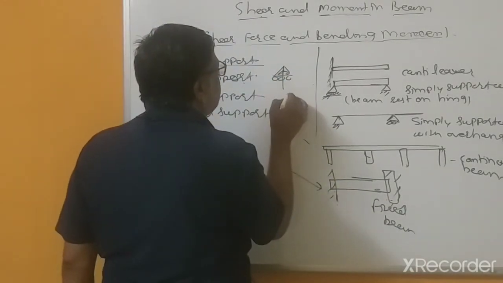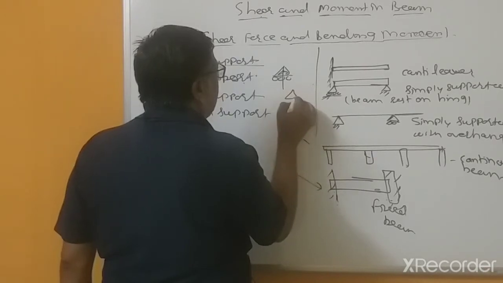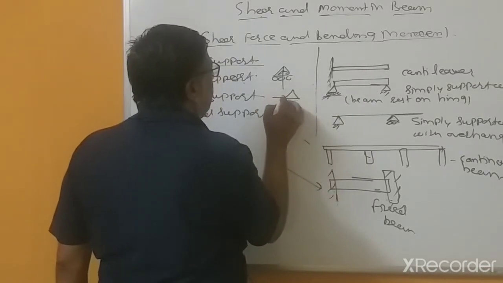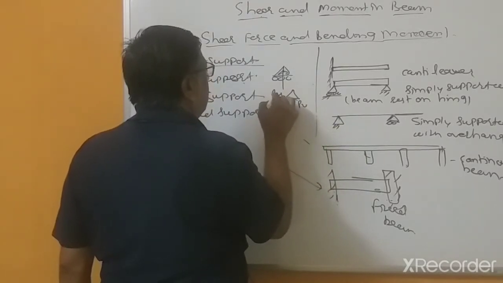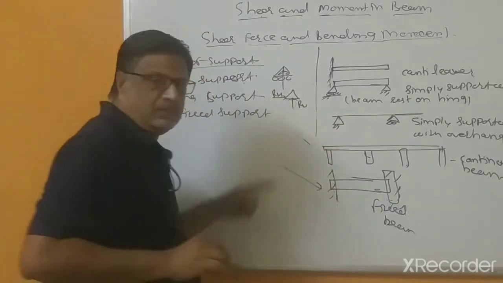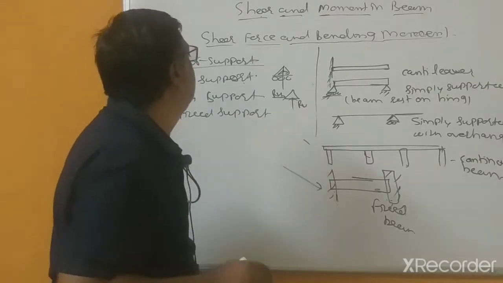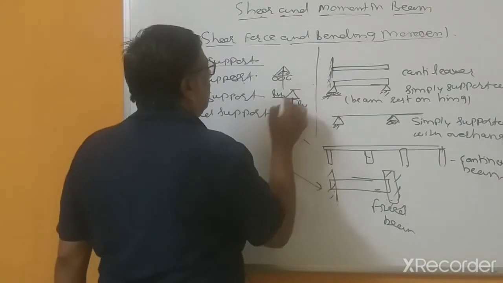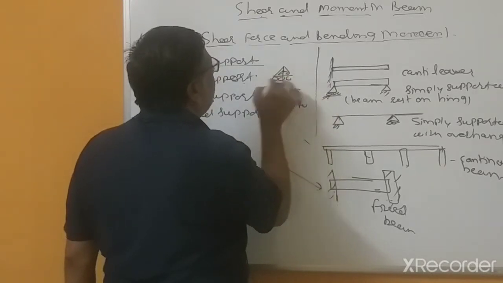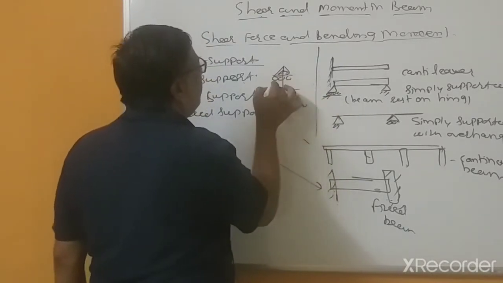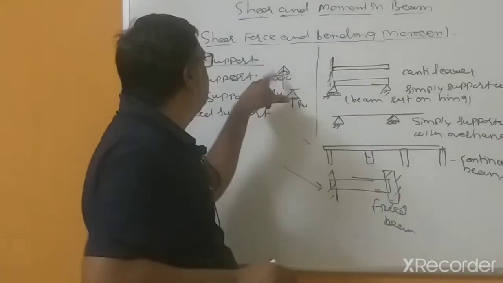In hinge supports, reactions may be vertical and horizontal, but there is only one movement, that is horizontal movement, and here the reaction is only vertical.